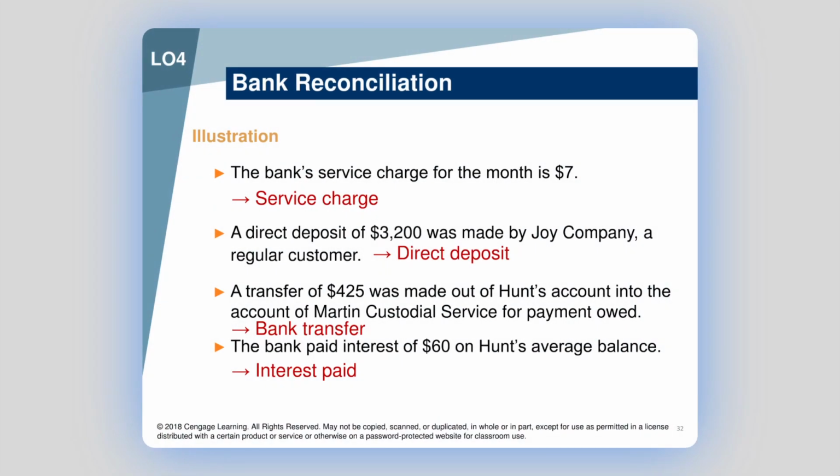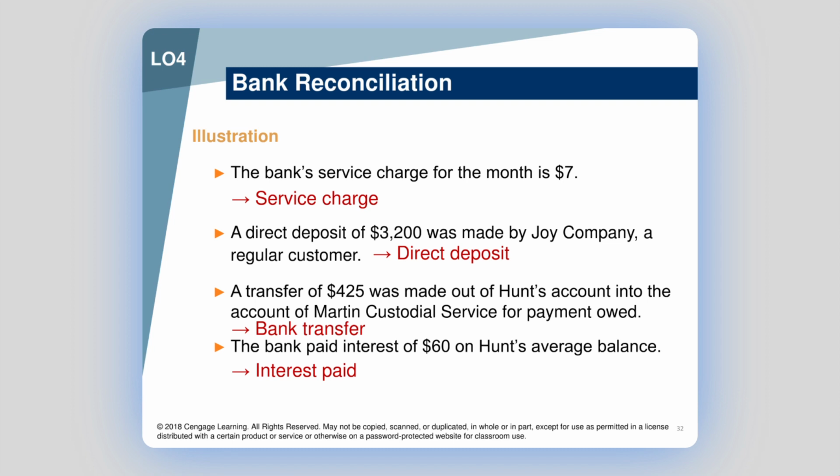How about naman, the bank service charge for the month is $7. Yan naman ay service charge. A direct deposit of 3.2 was made by Joy's regular customers. Ibig sabihin, may nag-direct deposit sa iyo.